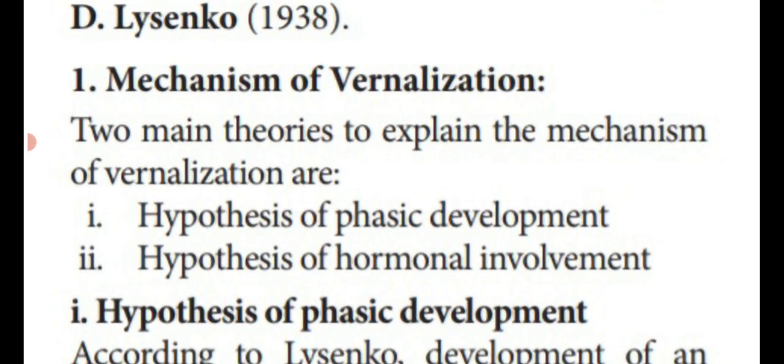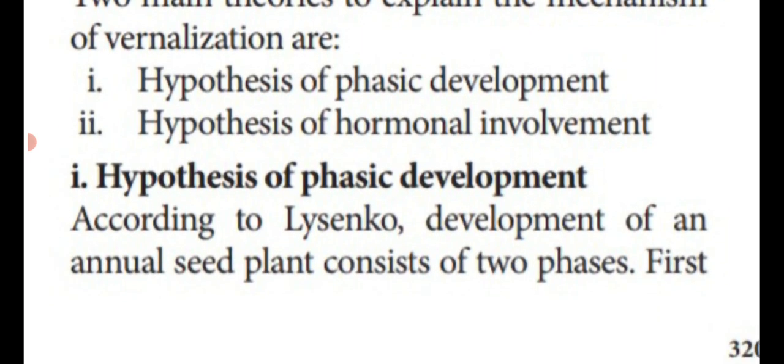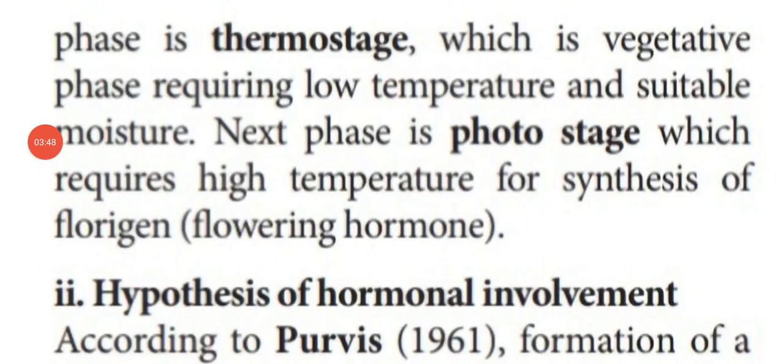One is hypothesis of phasic development, another one is hypothesis of hormonal involvement. First one, hypothesis of phasic development. This was proved by Lysenko, and he explained that annual seed plants consist of two phases.